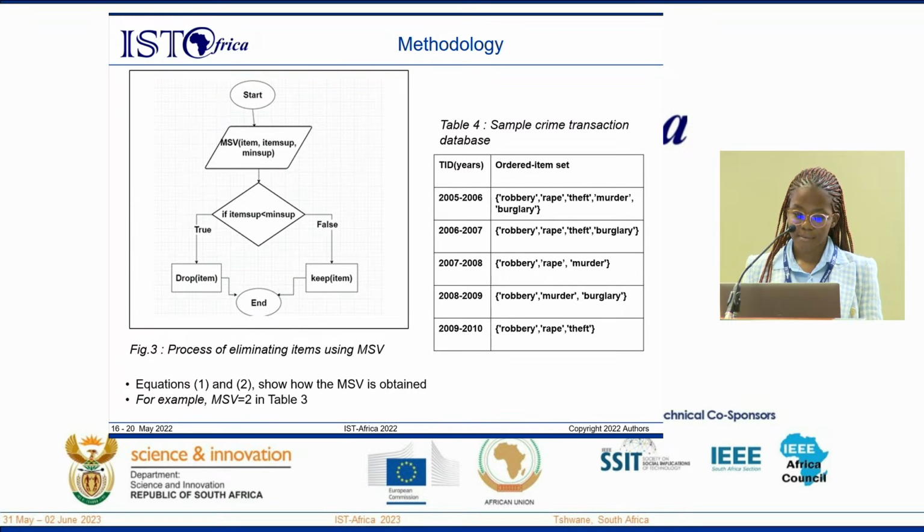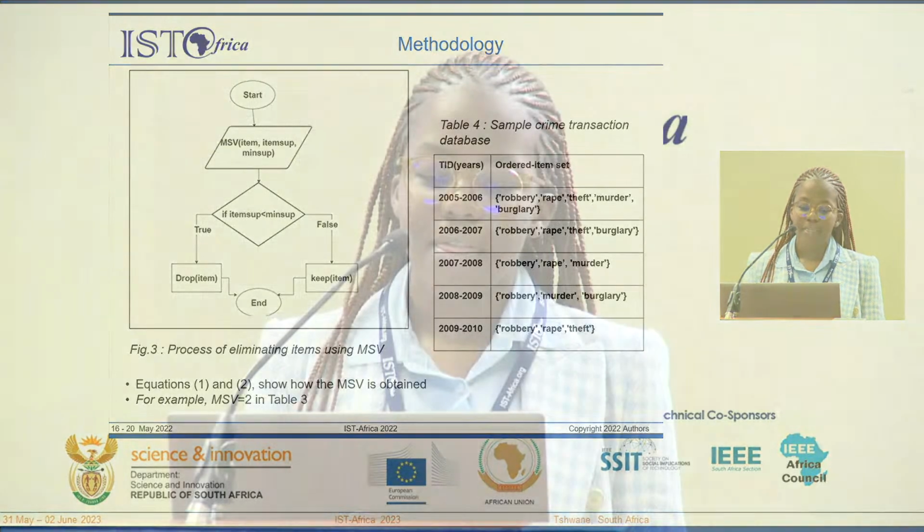If the item's frequency is less than the minimum support value which we have obtained, then we drop the item. But if the item's frequency is greater than the minimum support value, we keep the item. And then we obtain an ordered item set. This ordered item set is the same item set, but we have eliminated the crime types which are not needed within the data set.